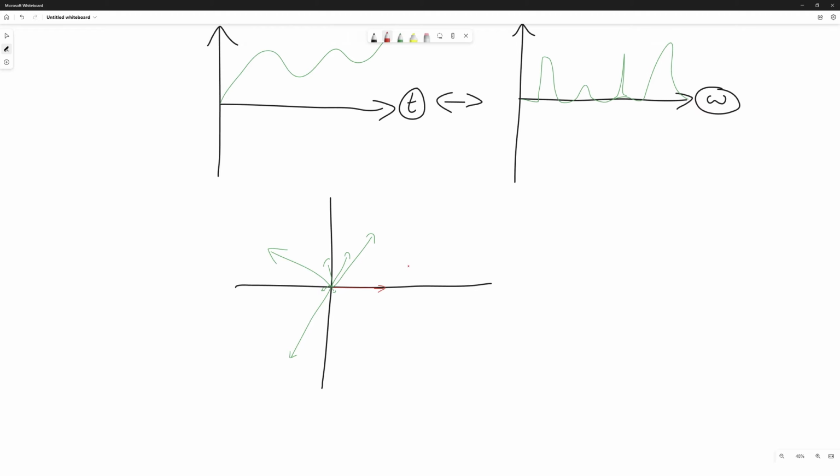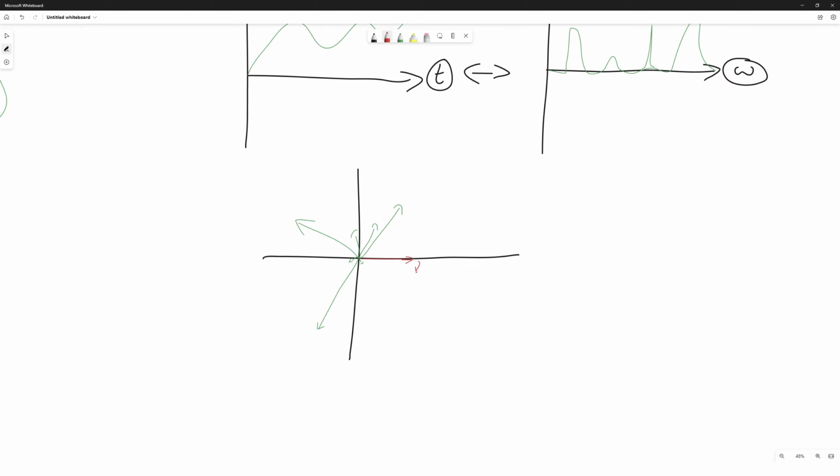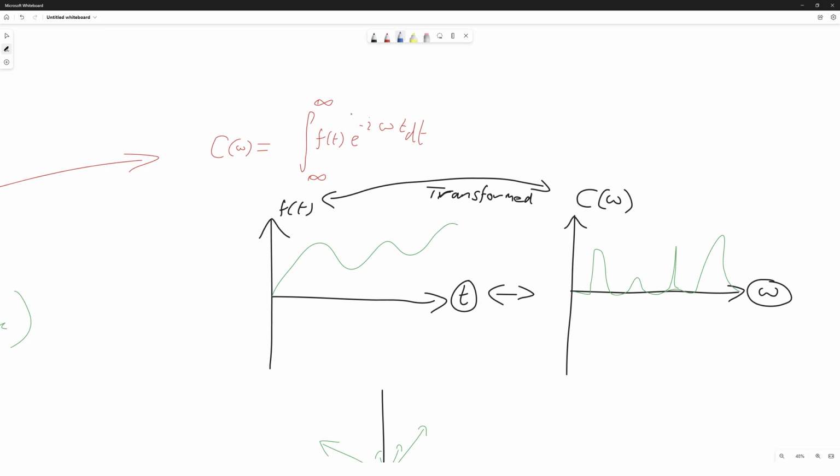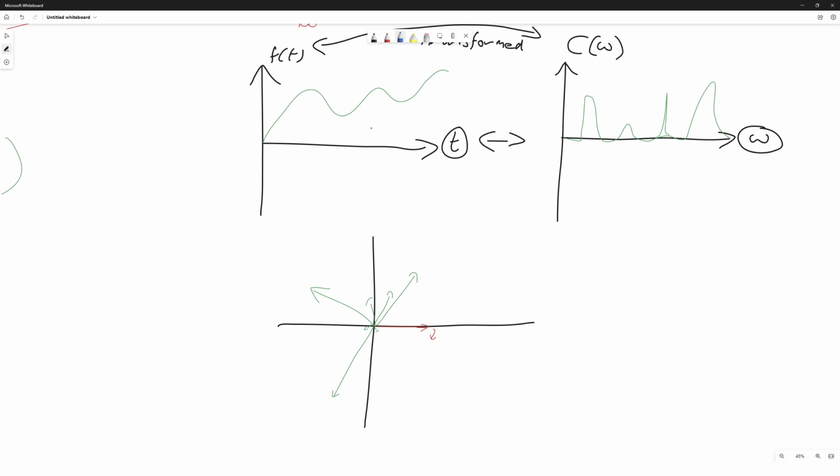What we're going to do is scan in this direction. And in blue, I am going to plot what the value of the product, the integral, will be.